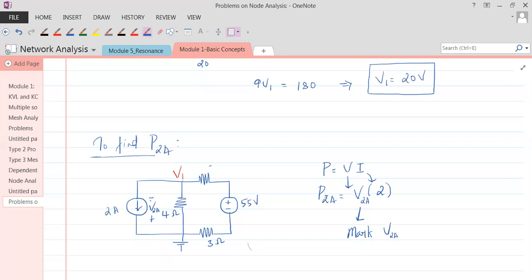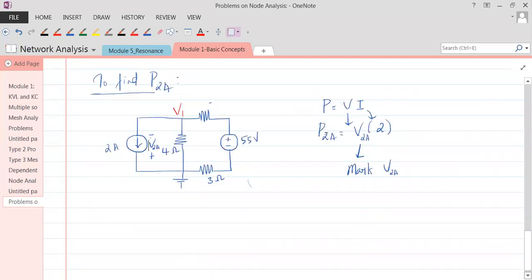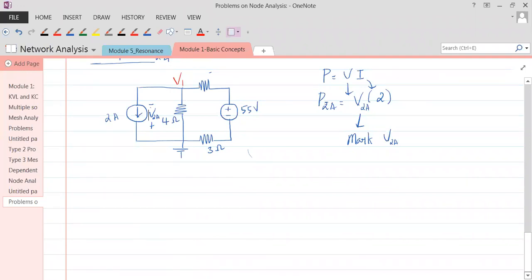Now this is a good exercise. Everybody just try to understand this. We have V1 here, right? Okay, if we have V1, everybody just lend your ears here, very important, because if you understand this, you'll all be doing it very easily. So we have this current source, we have this resistor and we have these resistors and voltage sources.